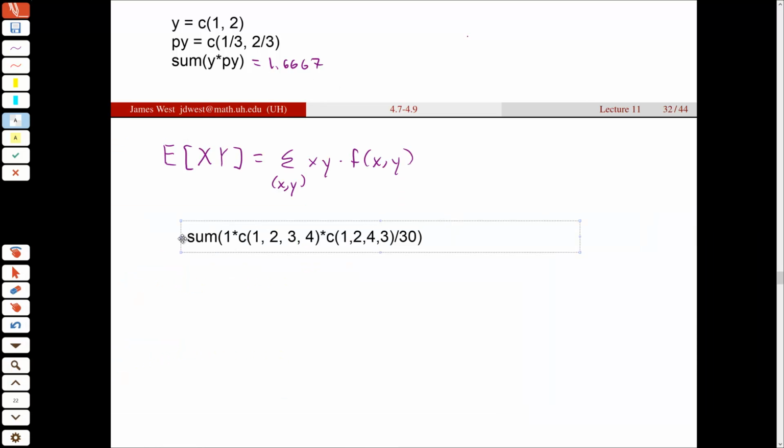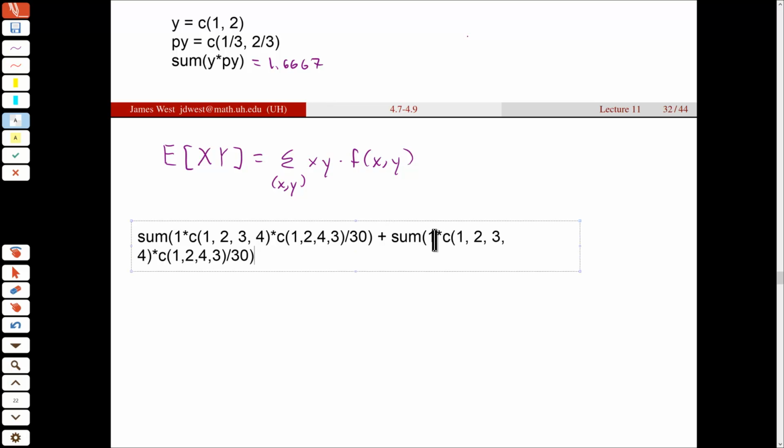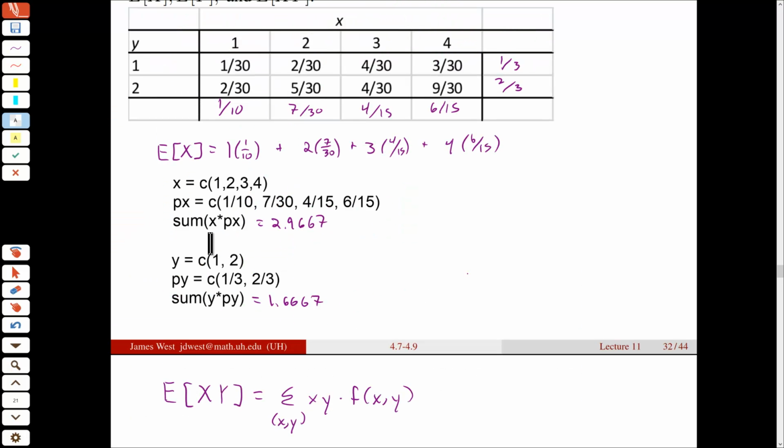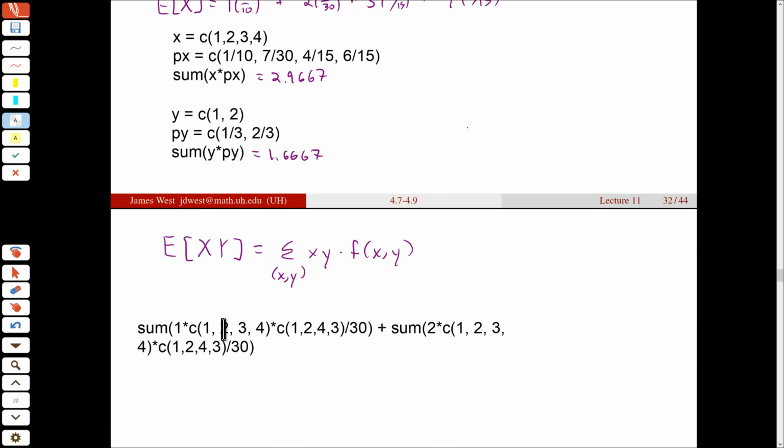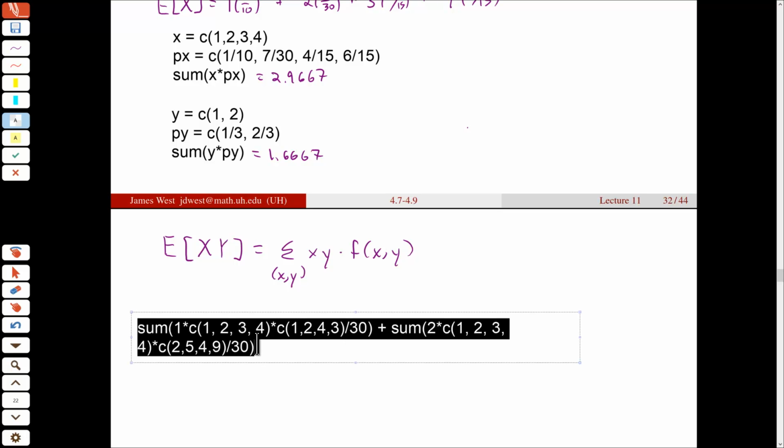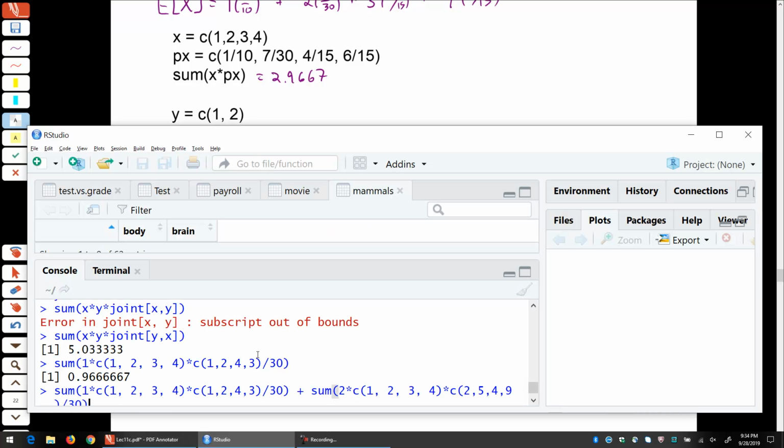I can then use very similar things to add up the second row. In the second row, y takes on a value of 2, x goes through values 1, 2, 3, and 4, and the probabilities are 2, 5, 4, and 9 30ths. And so if I add these two sums together, that should give me the expected value.